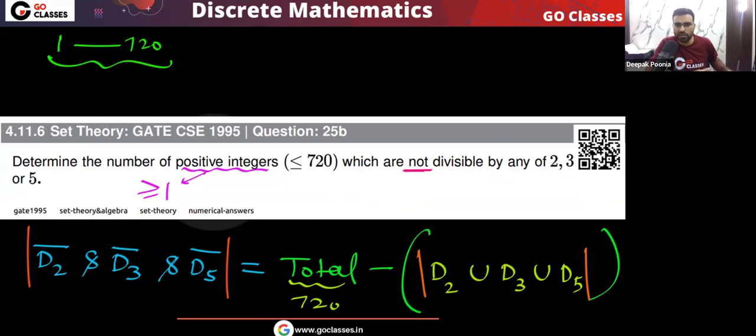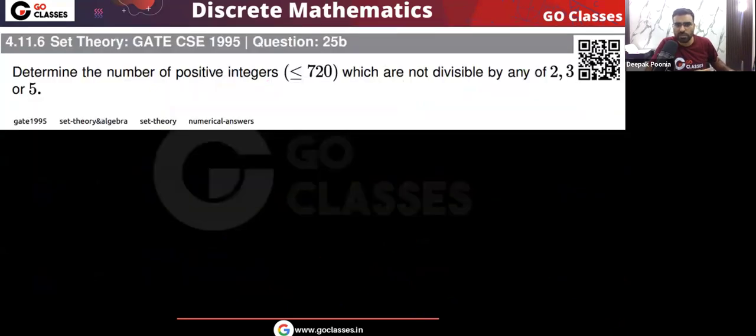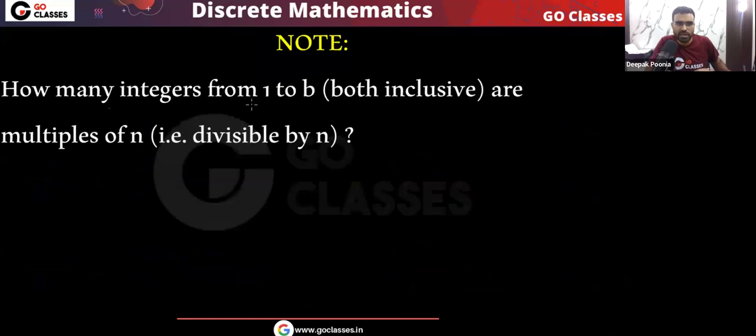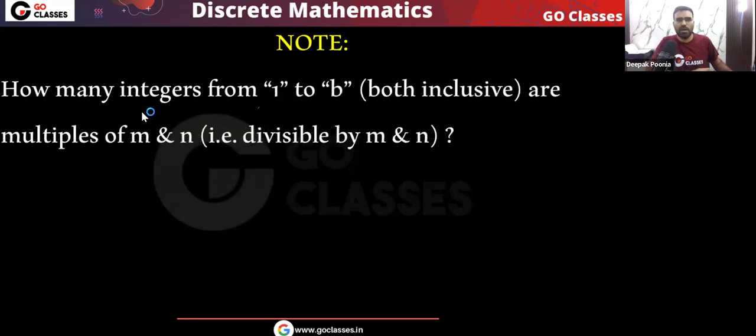Okay, now let me tell you some important points. We have already seen how many integers from 1 to b, both inclusive, are divisible by n. This is very simple, that is basically b divided by n floor. Very simple result we have already seen. How many integers from 1 to b are multiples of m and n, means divisible by m and n.